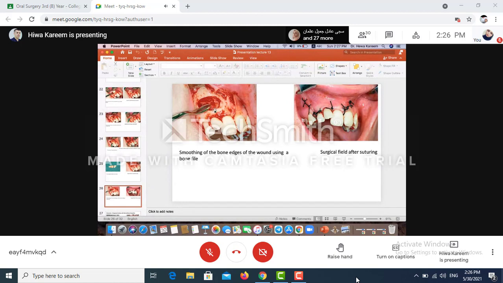After that, the flap is returned to its original position and sutured. This is simple interrupted suturing. Leave the suture for 7 days. After 7 days, we can remove the suture material.